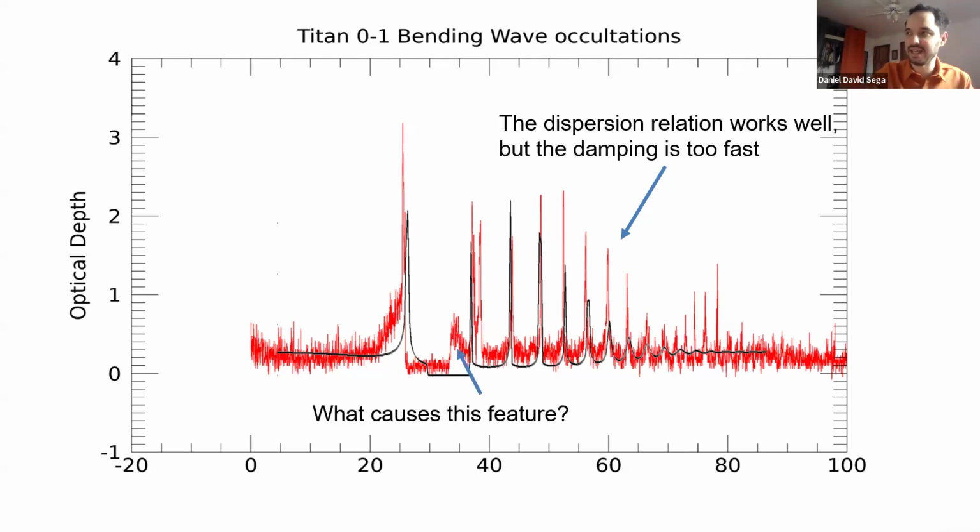And also this edge, it's not trivial. It's not just cutting the material. There's some material here that shouldn't be here. But surprisingly, on a positive note, the position of the peaks is very good. So the dispersion relation actually seems to hold fairly well, even in this extreme case of non-linear bending.